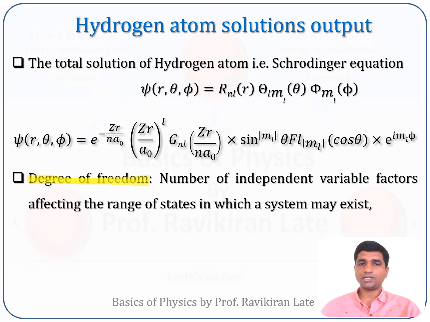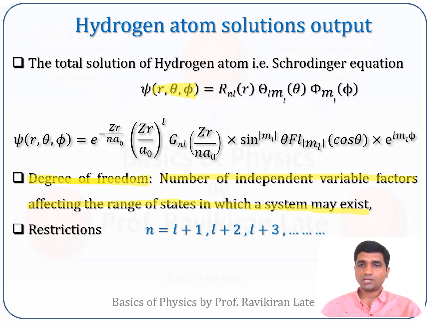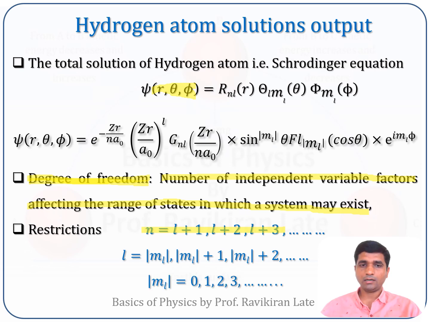Degree of freedom is nothing but the number of independent variables required to specify the state of a given system. In the case of a hydrogen atom, it is R, theta, and phi, which lead to three restrictions in terms of n, L, and ML. So basically 3 degrees of freedom put 3 restrictions on the solution in terms of n, L, and ML.